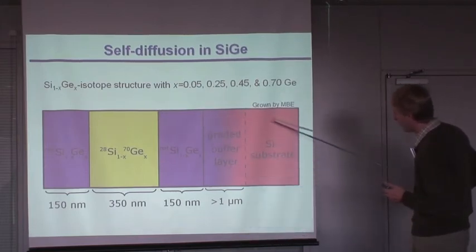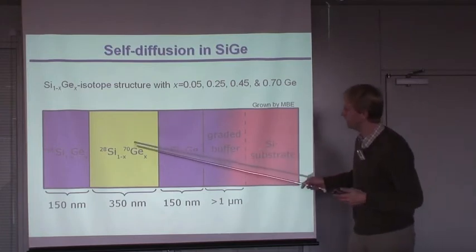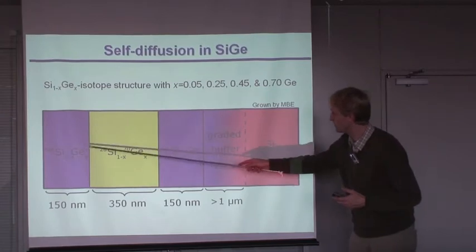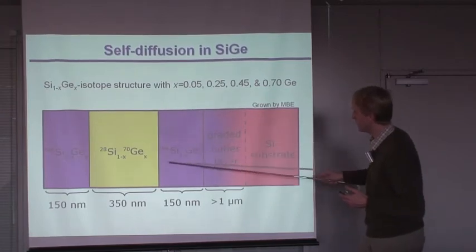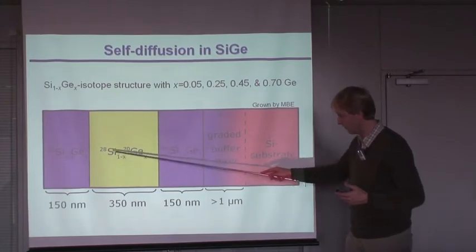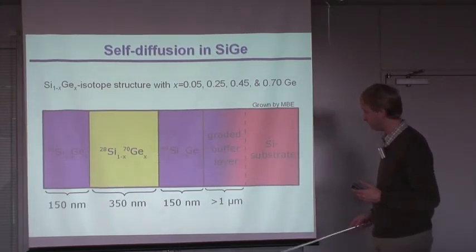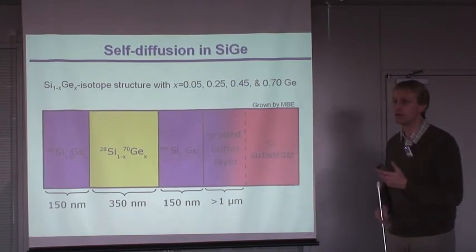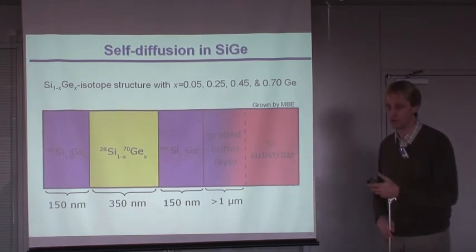And we have a so-called graded buffer layer. This means that the structure here is the isotope structure. Here you have a natural composition of silicon germanium. Here you have the isotopically enriched, both in silicon and germanium. And the graded buffer means this structure is relaxed, so there is no strain effect on the diffusion.